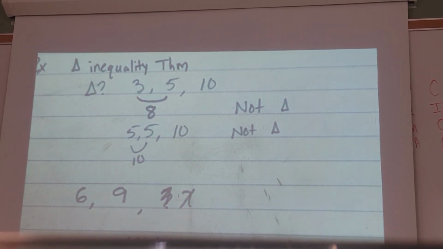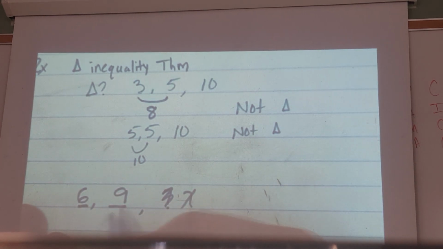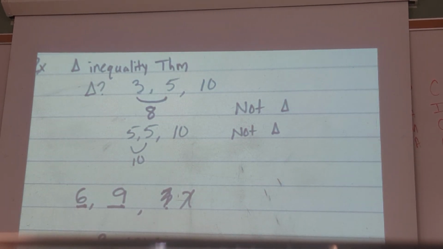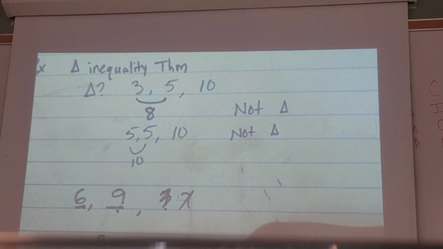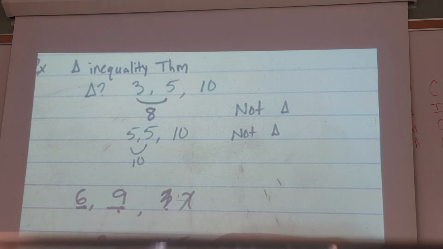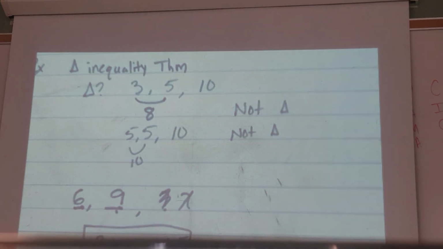To get this number, we take the two numbers we knew and subtract them: 9 minus 6 gives me 3. So x has to be greater than 3. Then we add these two numbers together: 6 plus 9 gives me 15. x cannot be bigger than 15. So x is somewhere between 3 and 15. That's all we can get from here, and that's all you need to be able to do.